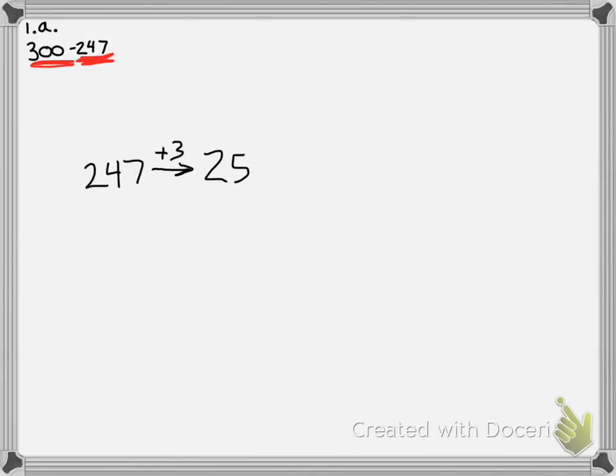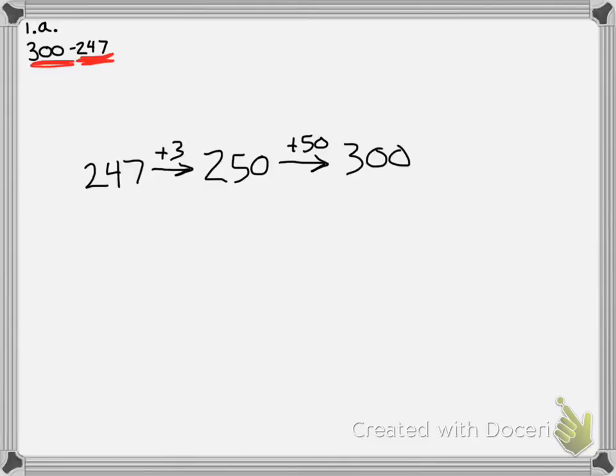This is 250 now. Then I need to get to 300, and so I know that if I've got 50, I need 50 more to get to the next 100. So plus 50 equals 300, and so I got to 300.